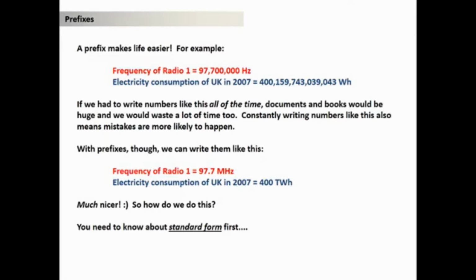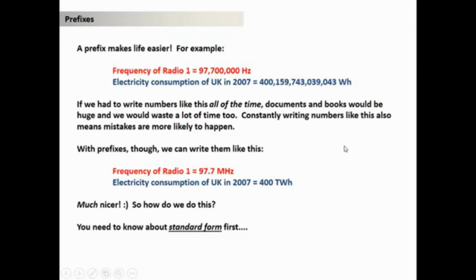Now, a prefix, like I said, makes life easier. For example, if you have a frequency like this, the radio frequency of Radio 1 is 97,700,000 hertz. Now, imagine we keep talking about these values on a daily basis, and if we were to write and talk about them like this, 97,700,000 hertz, that just takes time and space and wastes energy. Or the electrical consumption of the UK in 2007 is this many millions or billions of watt hours.